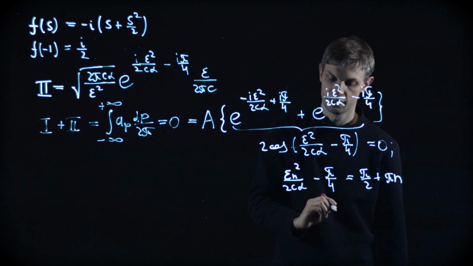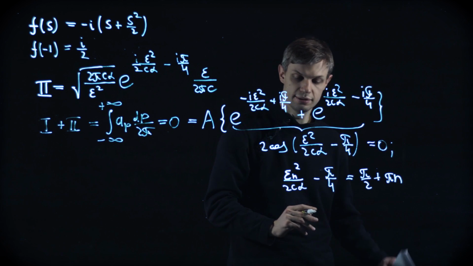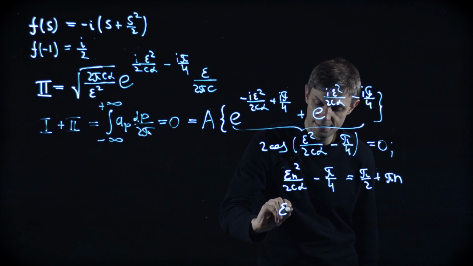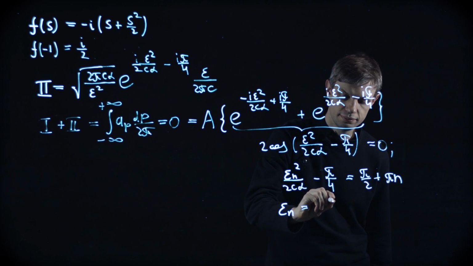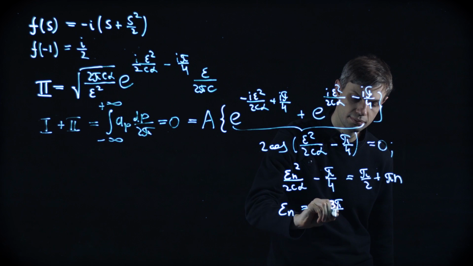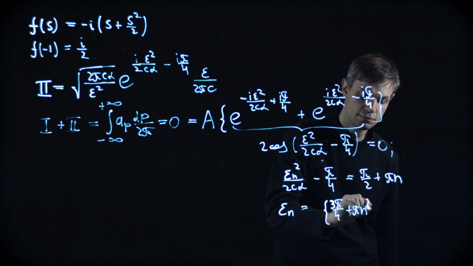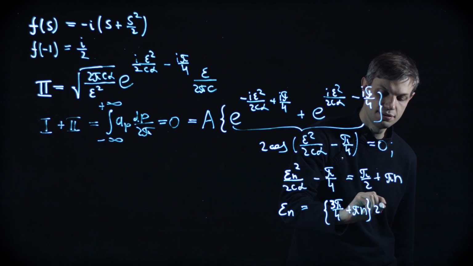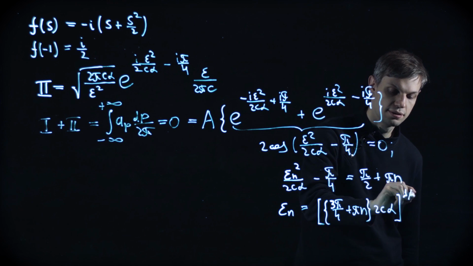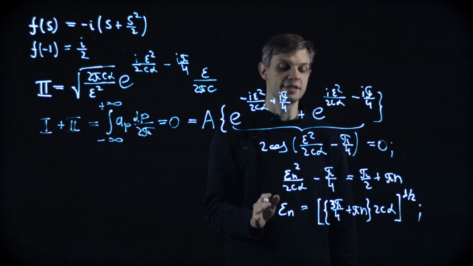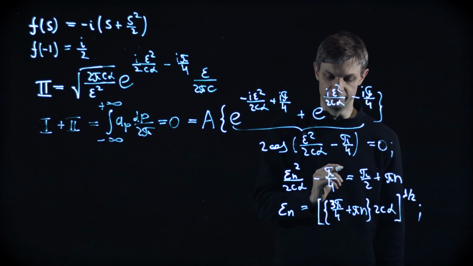Okay, and right. So that's correct. So now epsilon n is equal to 3 pi by 4 plus pi n times 2C alpha to the power of 1/2. So these are our semi-classical levels for our problem.